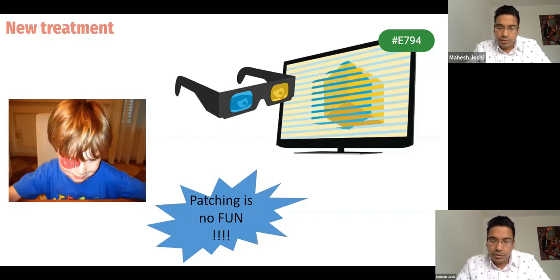As you know, patching leads to loss of stereo acuity and all other functions associated with binocular single vision as well. So the hope is to find a newer treatment which can treat the condition binocularly rather than using the monocular treatment of patching, right?